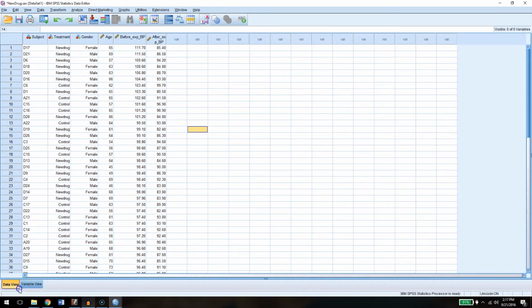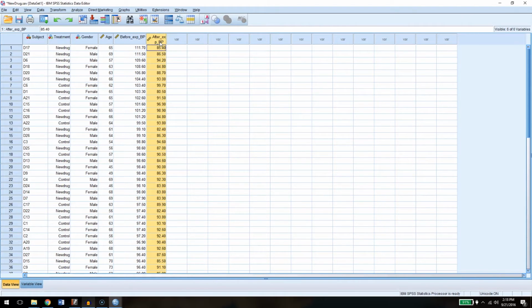But let's use the dependent t-test to answer that question more directly. We want to know if before people took this drug, was their blood pressure higher than after they took the drug? Was there a significant difference between before and after?